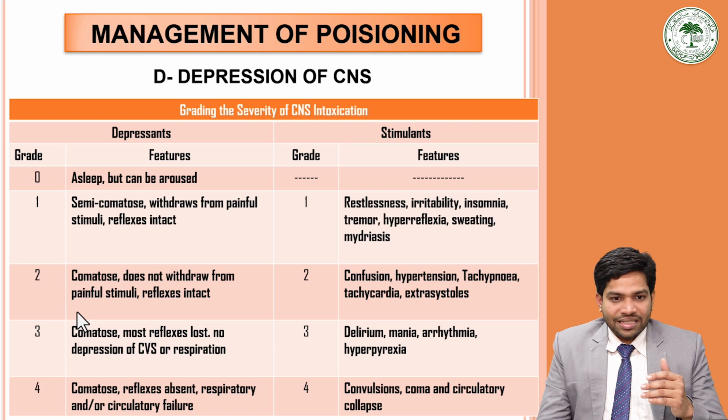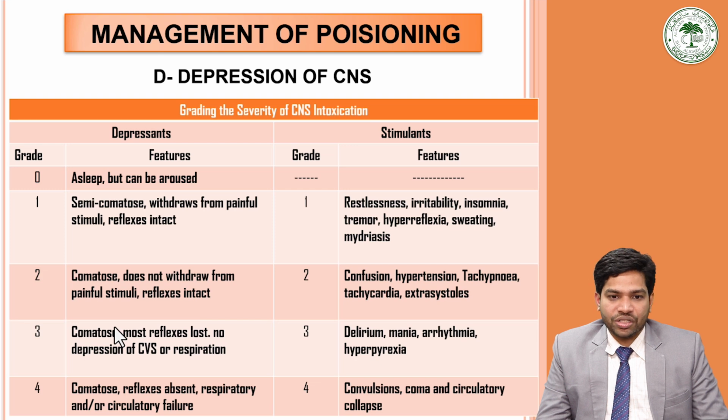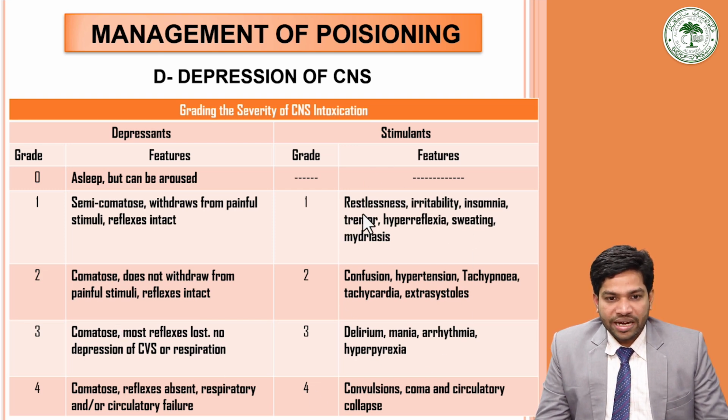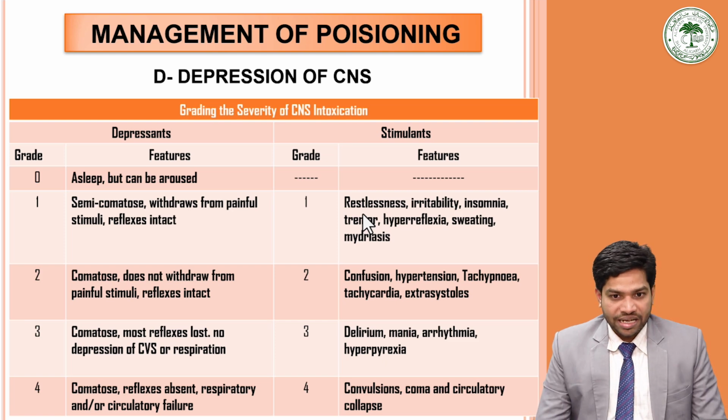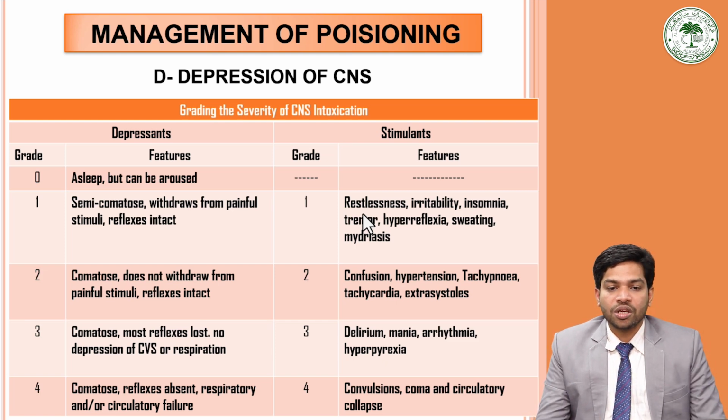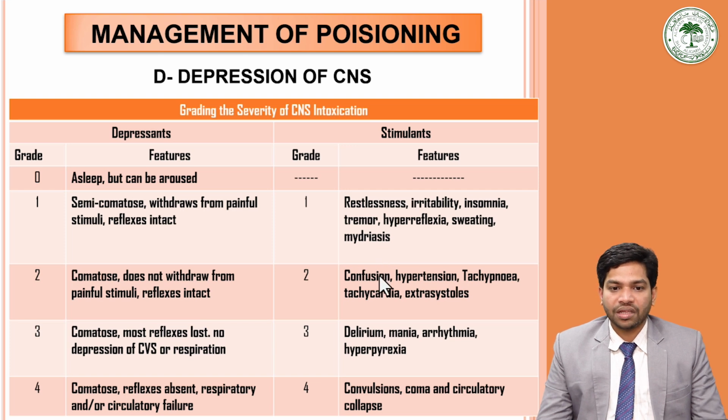So, this scale is a better help in the prognosis of comatose patients in case of intoxication. Further, in case of stimulants, grade 1 is given when the person is restless, irritable, with insomnia, tremor, hyperreflexia, sweating, and mydriasis.